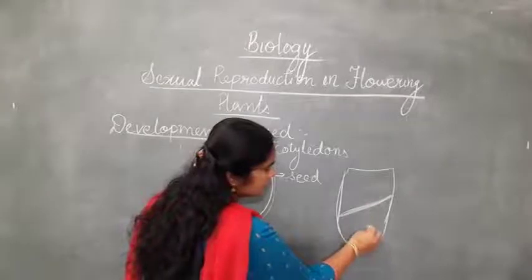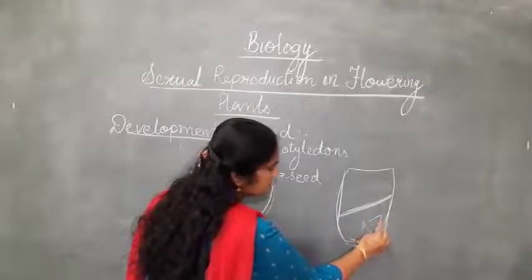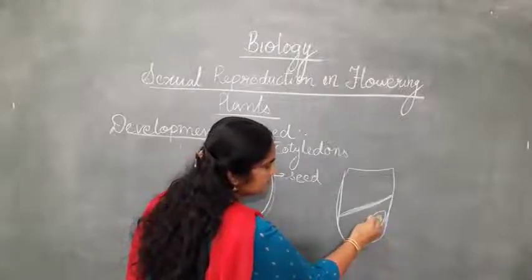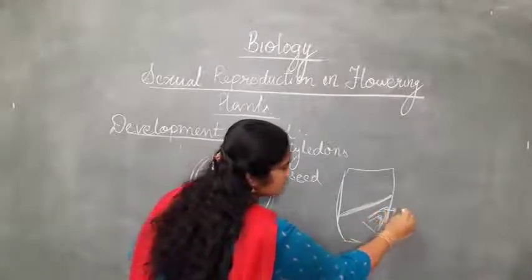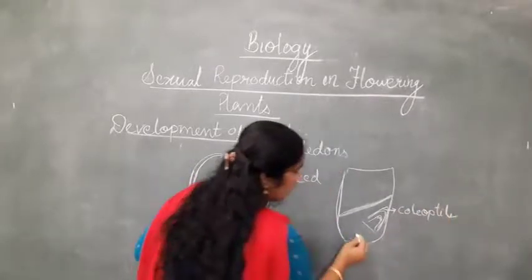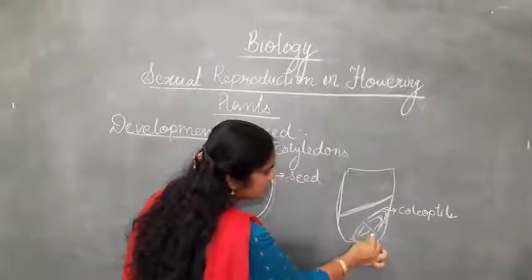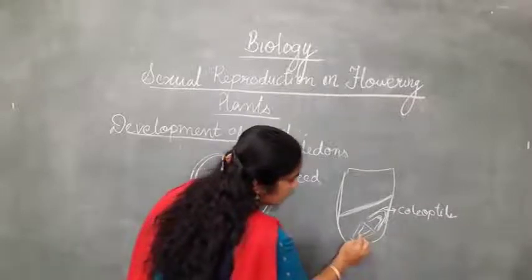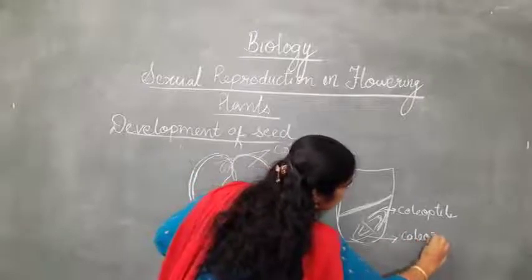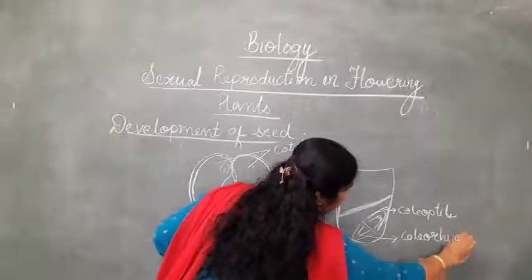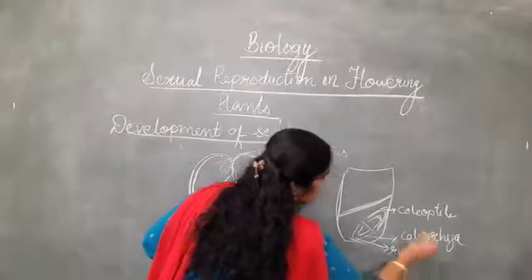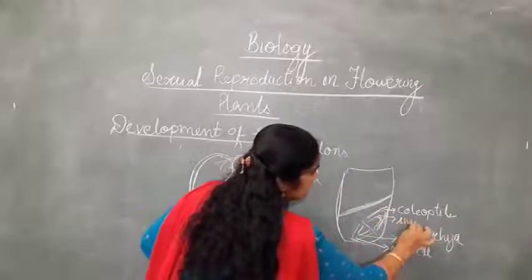And suppose this is the embryonal axis over here, so this will be the shoot apex region, which gives rise to the shoot system, and then this is the coleoptile, which is present only in the monocot, not in the dicot. Below the embryonal axis we have the coleorhiza. The coleorhiza protects the radicle or the root tip, and this is the shoot tip.